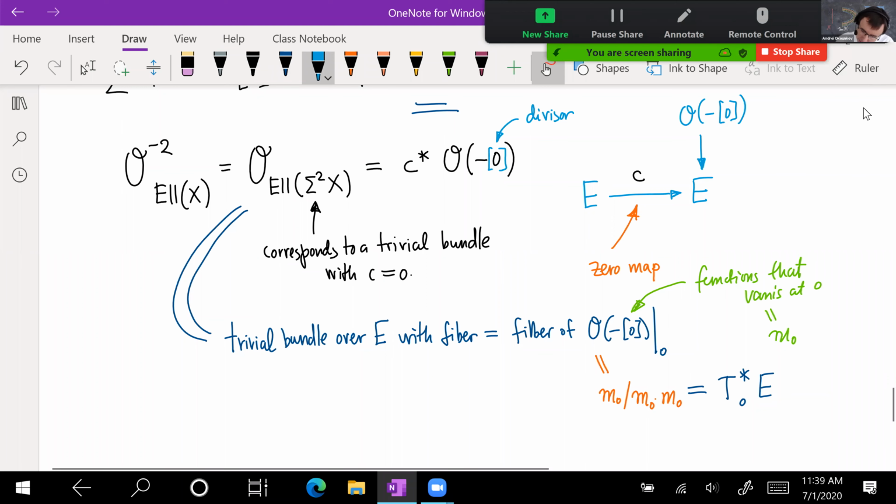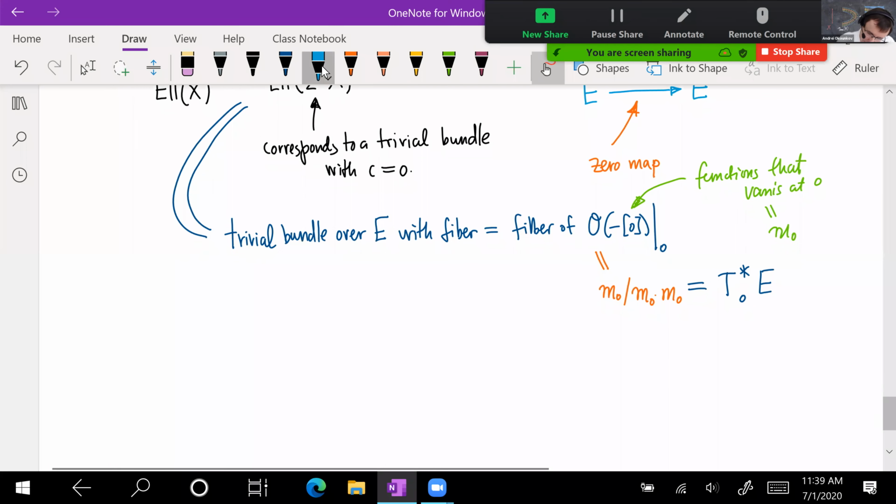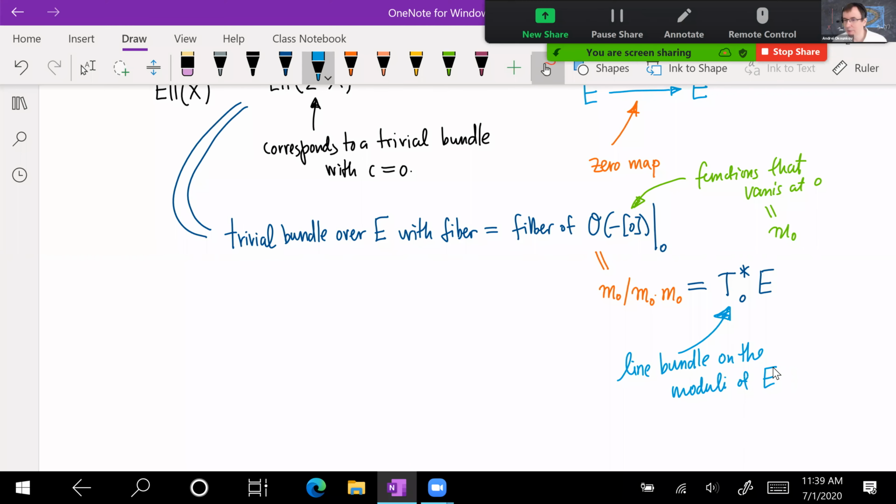That object is a line bundle on the moduli. For people somehow familiar with the notation of enumerative geometry, that is this psi1 bundle, right? So you have some kind of moduli of pointed curves, then the cotangent line at the marked point is a line bundle over moduli called psi1.